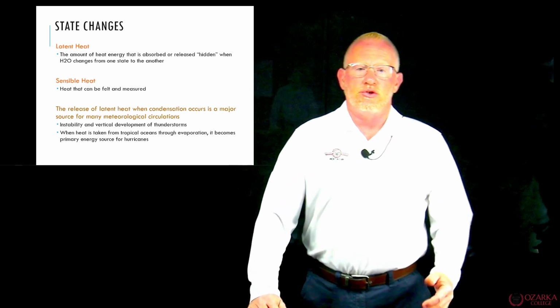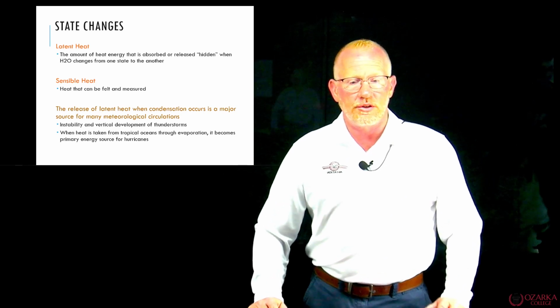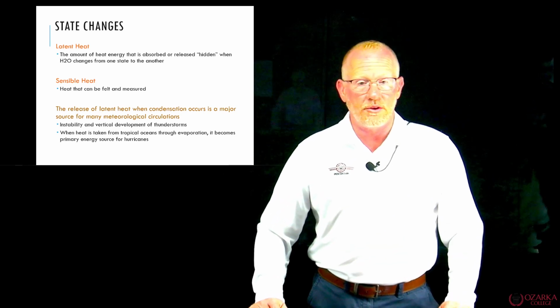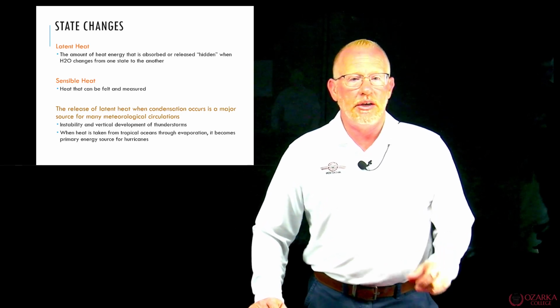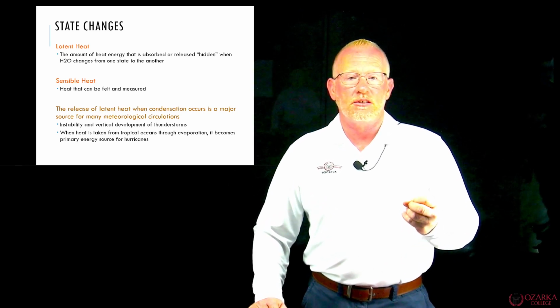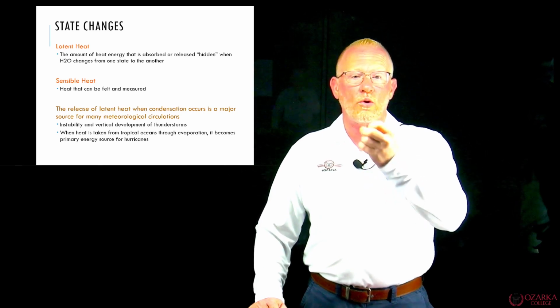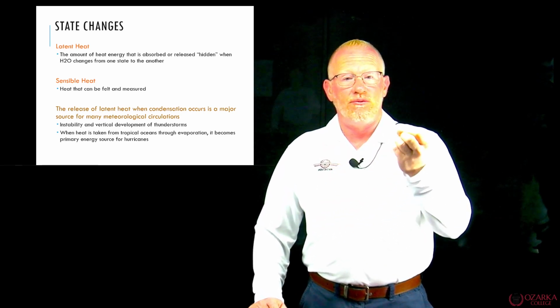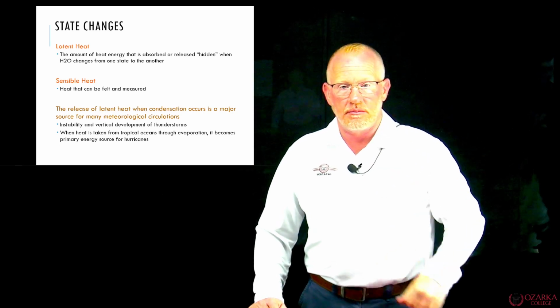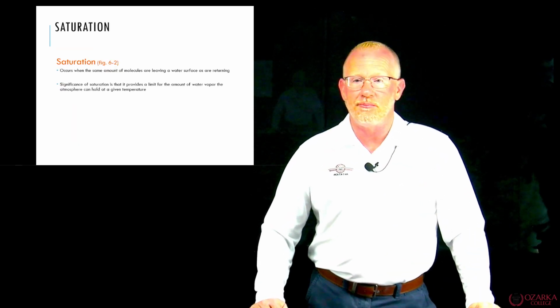Now, I'm sure most of us have watched the news or the Weather Channel when hurricane seasons are on. We've seen hurricanes. And you hear them talk about it moving over much warmer water. The warmer water, evaporation, feeds the hurricane. Okay, that's what this is talking about.